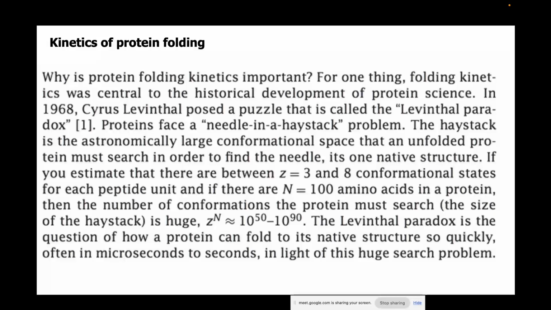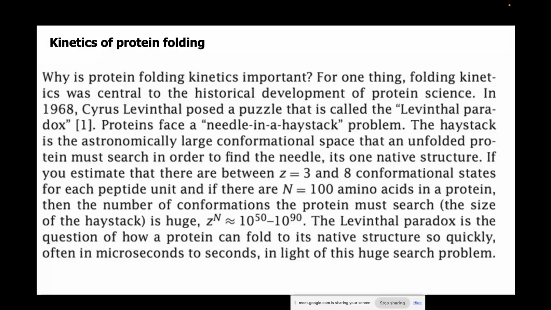This paradox is finding a needle in a haystack. The needle is your perfect structure that you want to get to, and the haystack is basically all the possible structures that your primary sequence can go to, right? So this was the Levinthal paradox. We're going to discuss this a little later as well.